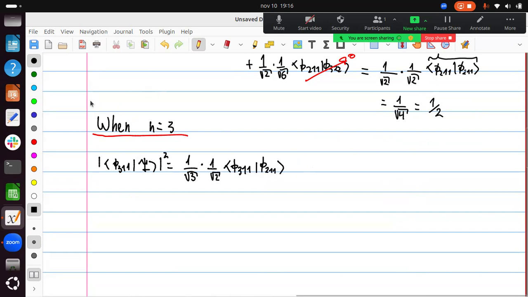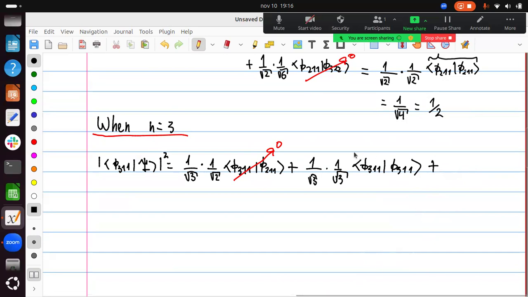This is just, they have different quantum numbers, so it is just 0. And the other possibility is just 1 over the square root of 3 with the square root of the same term. And this goes with the P311, these states have exactly the same quantum numbers.